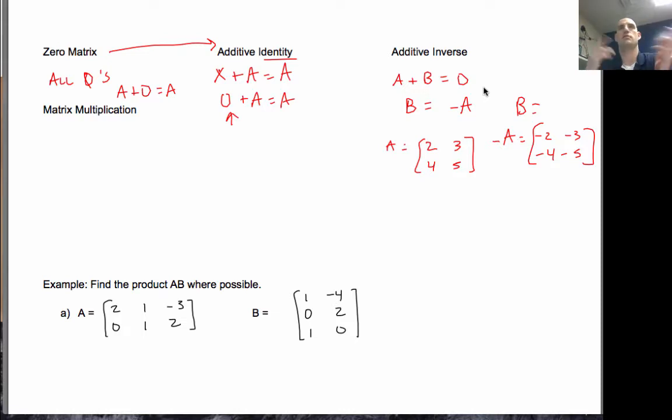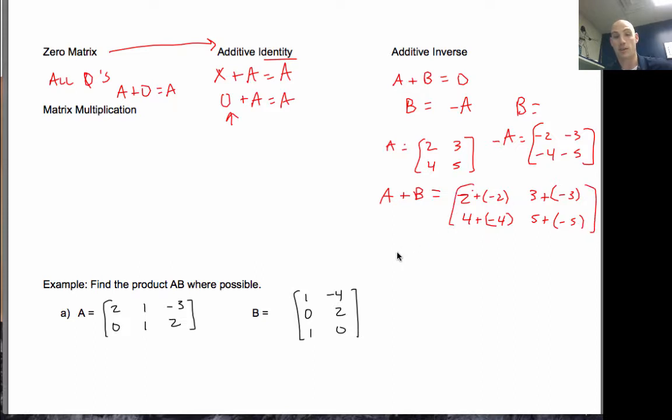So if it's negative 2, it would be 2. If it's 2, it would be negative 2. And so then A plus B would be equal to 2 plus negative 2, 3 plus negative 3, 4 plus negative 4, and then 5 plus negative 5. So what I would end up with is A plus B is equal to 0, 0, 0, 0, which is my zero matrix, my additive identity.